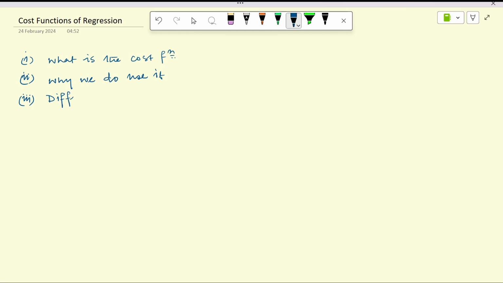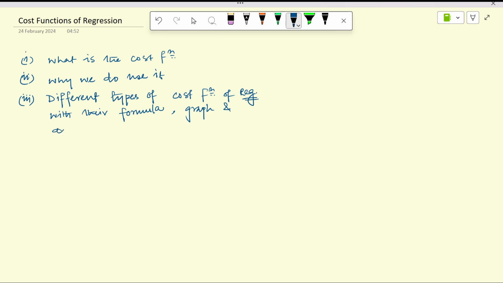So we will mention the types of cost function of regression analysis with their formula, graph, and advantages and disadvantages. And last, we will do the demo code for those different types of cost functions.